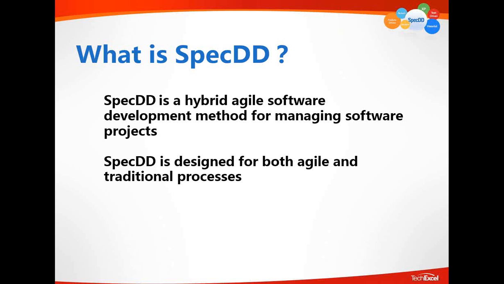It is based on the fact that pure Agile methods, like Scrum in the real world, are very useful and effective to improve a development team's productivity, but also recognizes that pure Agile methods lack scalability for multi-team, large Agile projects. So SpecDD is designed to be a hybrid Agile method, and is also designed for managing both Agile and non-Agile processes.